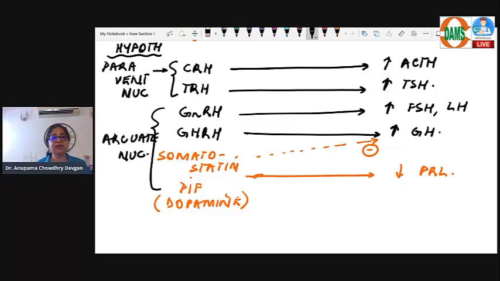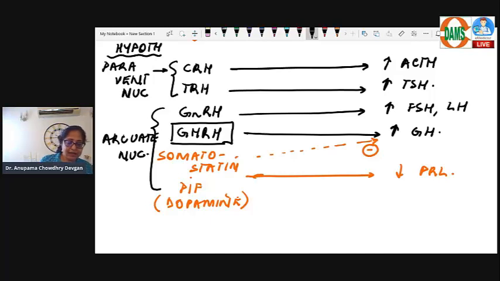GnRH, GHRH, somatostatin, prolactin inhibiting factor are from the arcuate nucleus. But please understand, the major hormone which controls the growth hormone secretion from the anterior pituitary is GHRH, not somatostatin. Yes?